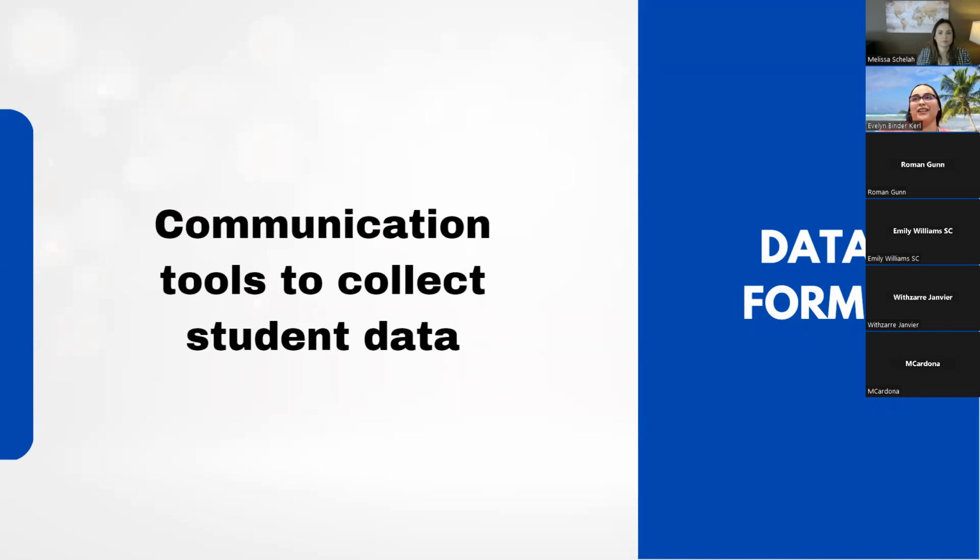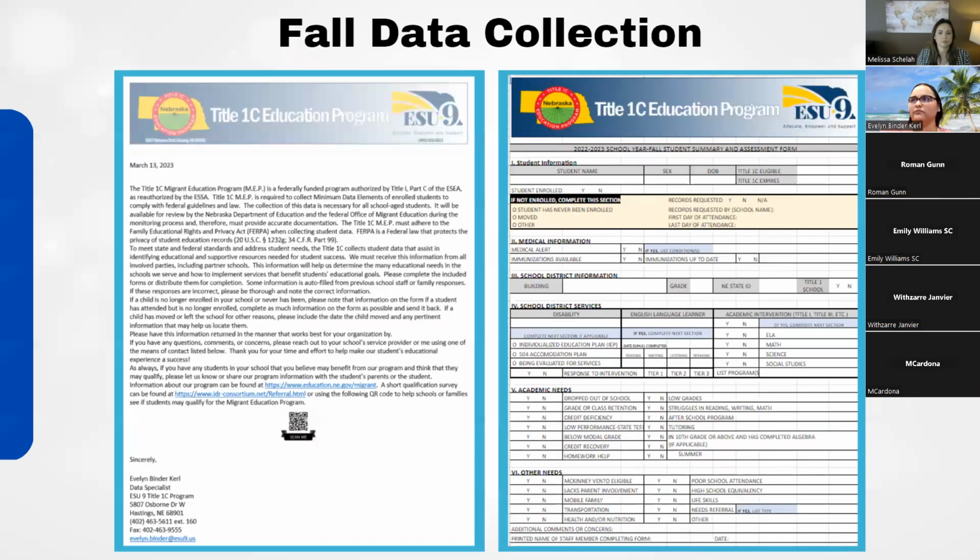This is just a variety of some data forms that I send out. I already showed what it looks like when we have a new student, but I also have some that are similar for different times throughout the year. This is the first one I send out in September.